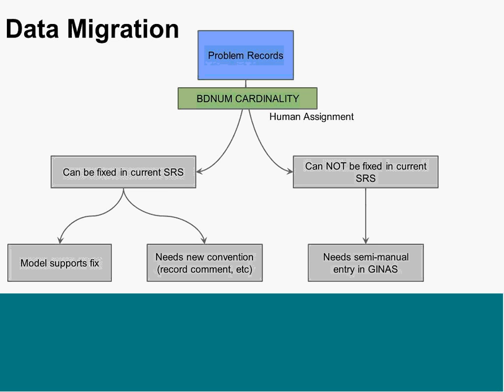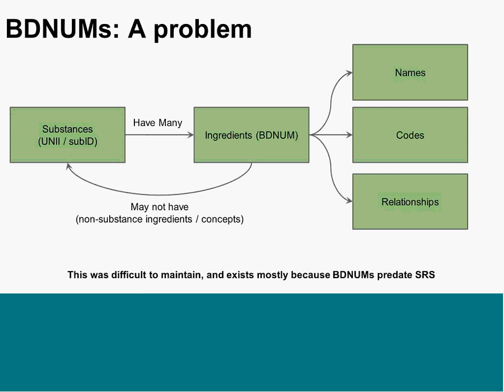They eventually became mapped to UNIIs. But their model was that a UNII, a substance, has many BDNUMs, and those BDNUMs have names, codes, and relationships. Just to give you how old it is, BD stands for Bureau of Drugs. Yeah, that's right.